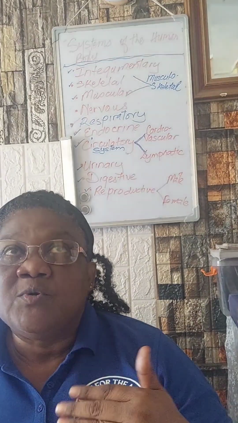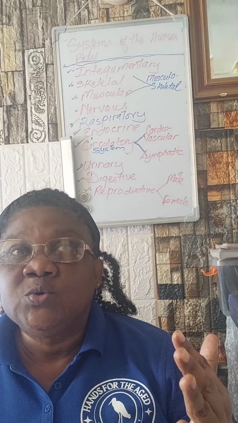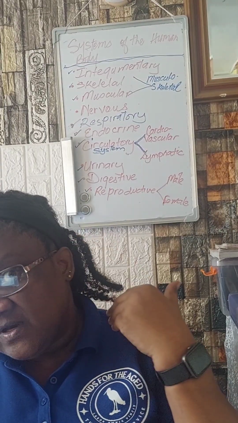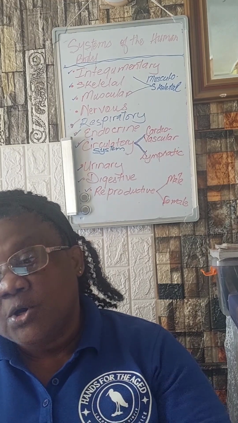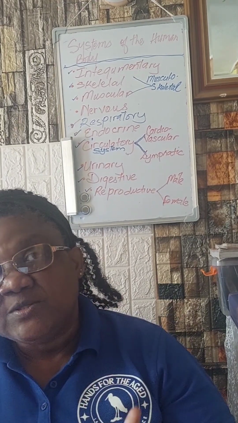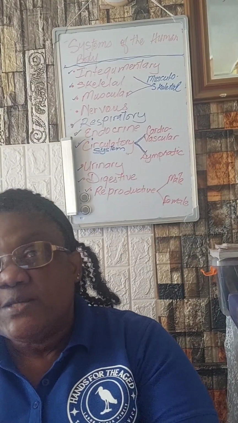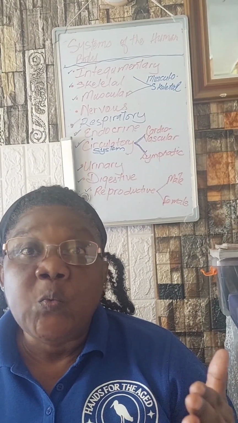When we did regions of the body before, we spoke about the cervical region, the thoracic region, the lumbar, the sacral, and the coccyx. So the thoracic region is where we are now, and we have 12 pairs of ribs, T1 to T12. So in any type of situation, we might have a broken rib, and they need to say which one.